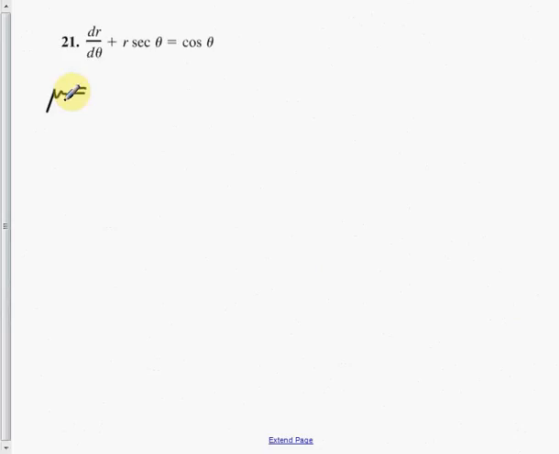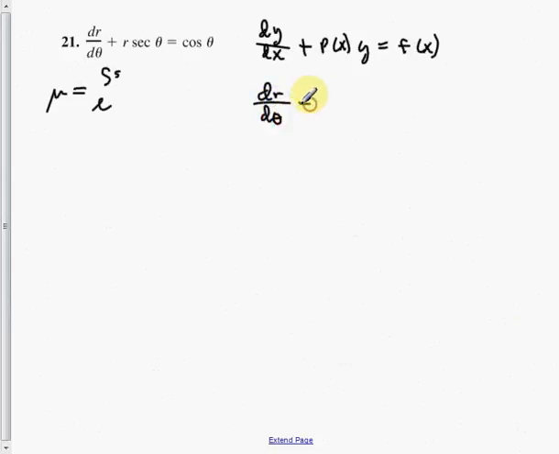Here we say that mu is equal to e to the integral of the secant, this is secant theta times r. If we're thinking about dy over dx plus some p of x times y equal to f of x, but for this problem it's dr over d theta plus some p of theta times r is equal to some f of theta.